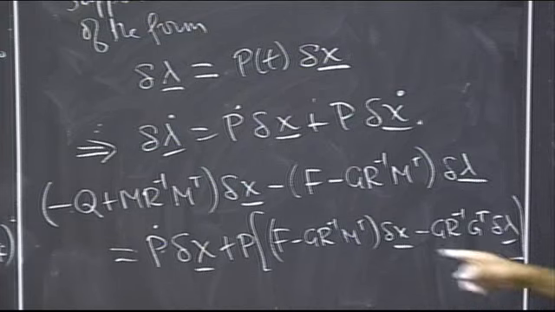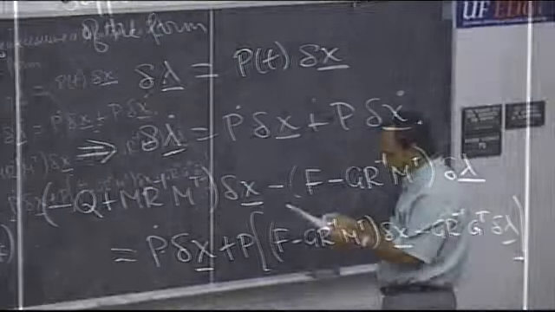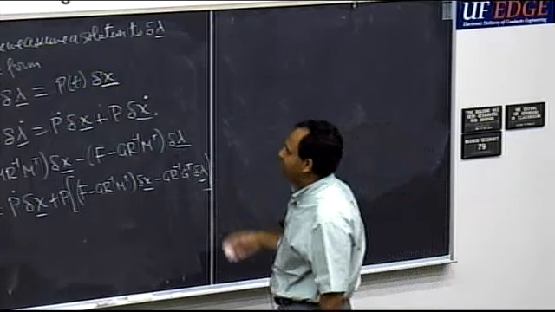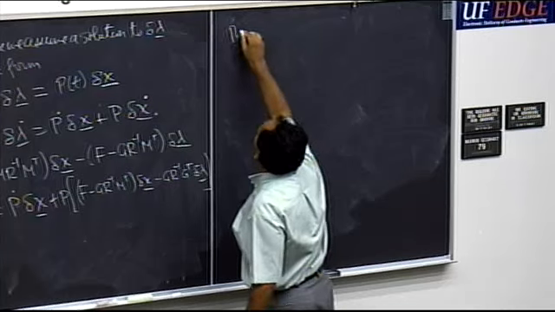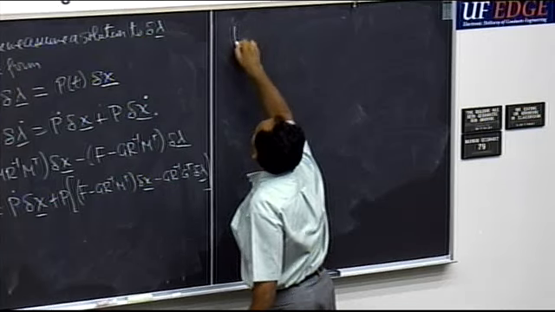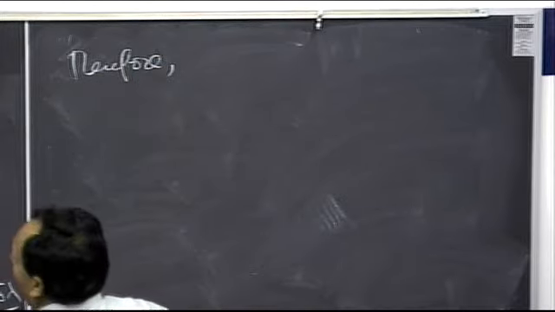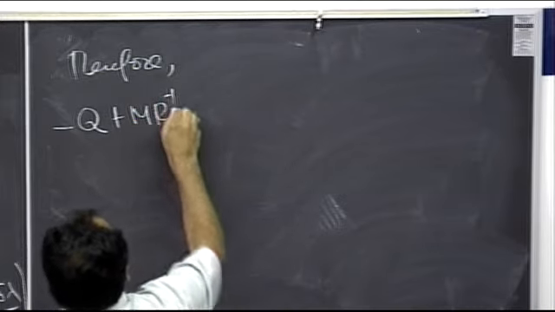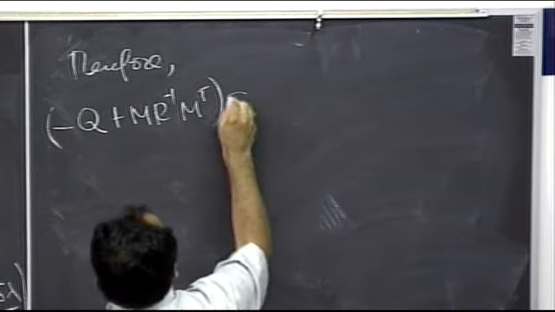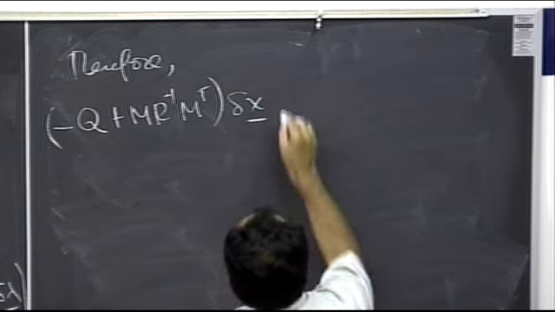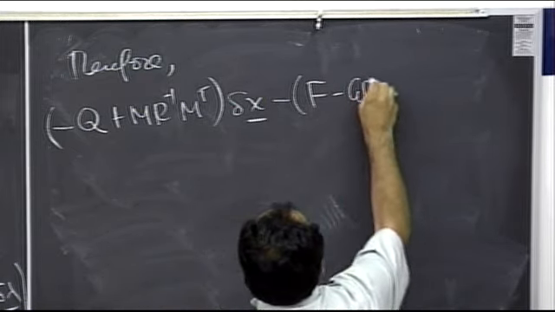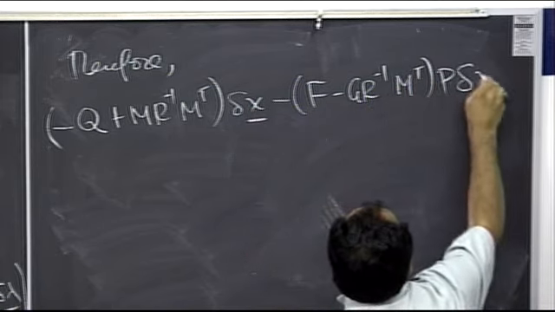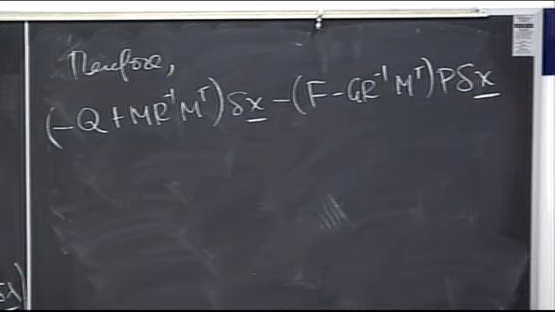Okay. So now if I continue this substitution further, we have to substitute in here for delta lambda. So we get minus q plus m r inverse m transpose times delta x, and then minus f minus g r inverse m transpose times p times delta x, because delta lambda is equal to p times delta x.